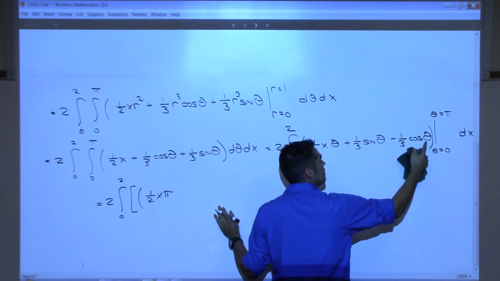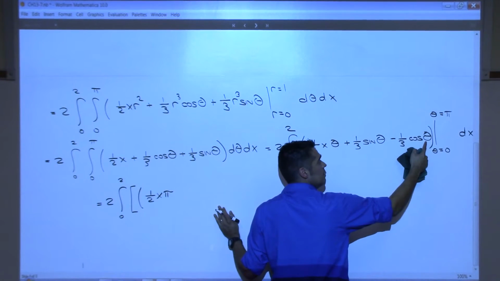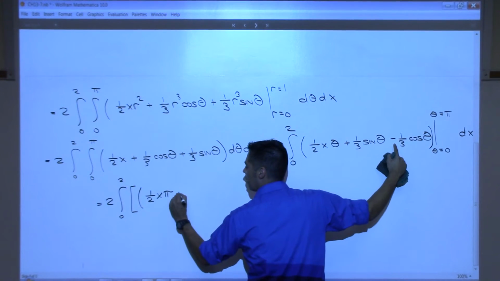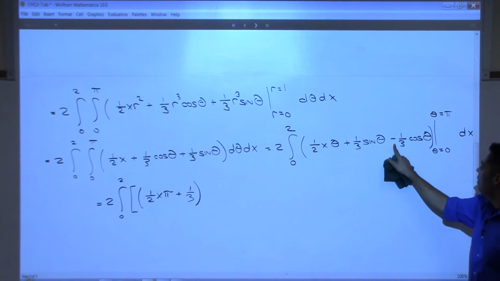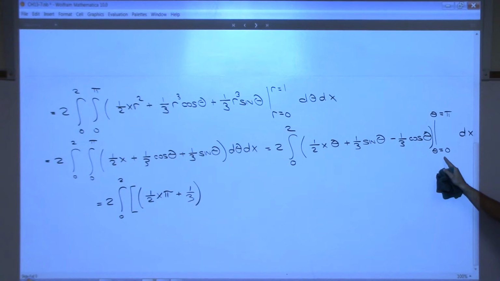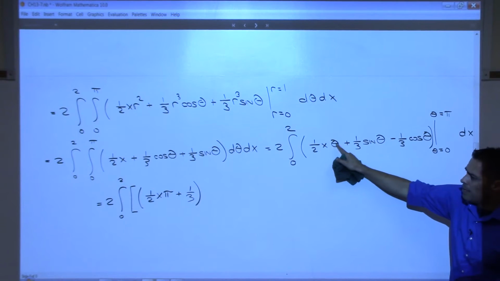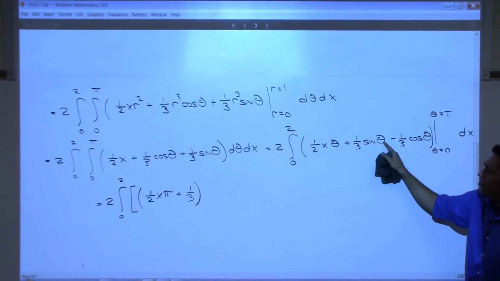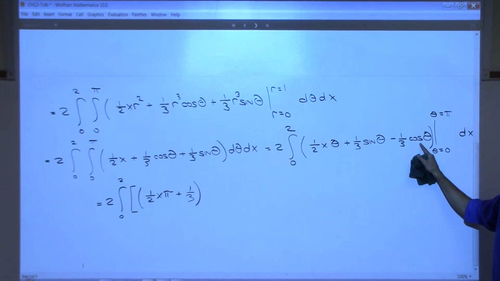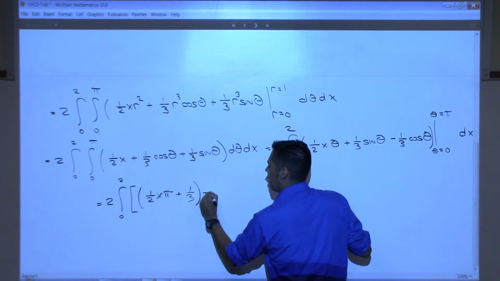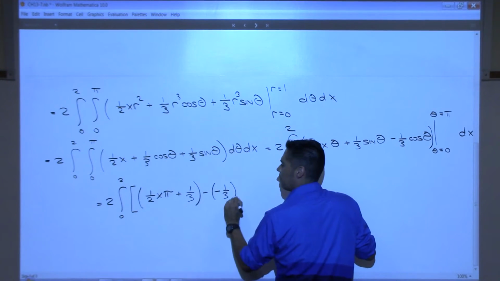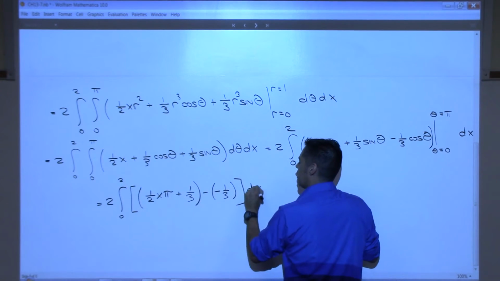Cosine of pi, negative 1 times negative 1/3, so plus 1/3. Agreed? When you plug in 0, be careful because not everything goes away. Theta goes 0 here, that's gone. Sine of 0, that's gone. Cosine of 0 is 1, but then minus 1/3, but we're subtracting this one, right? So minus 1/3. So it's going to be plus 1/3, isn't it?